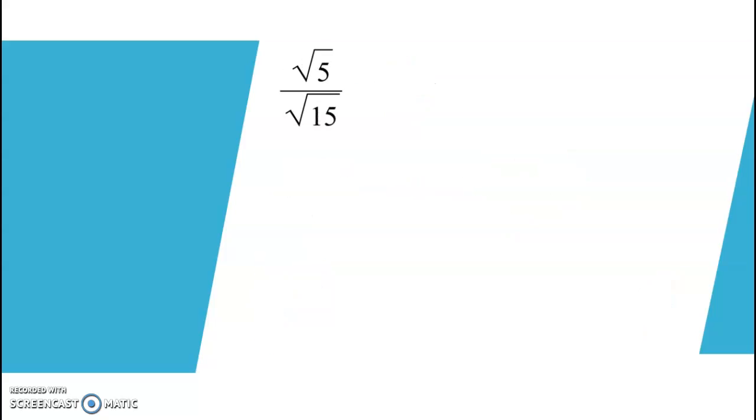Okay, next. We got 5 square root of 5 over the square root of 15. Again, it doesn't really matter if there's a square root up there or not, because we'll deal with it when we get up there. Multiply the top and the bottom by the square root of 15, because I got to get rid of the radical on the bottom. That leaves me with a 15 on the bottom. And on the top, it's the square root of 5 times the square root of 15. Snap. I'm going to go fix that.